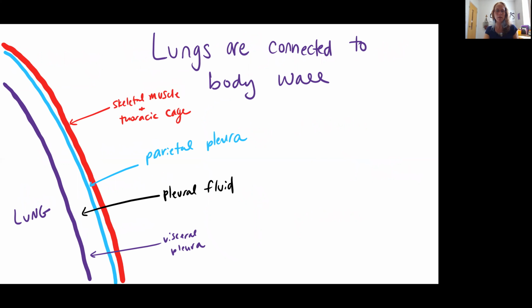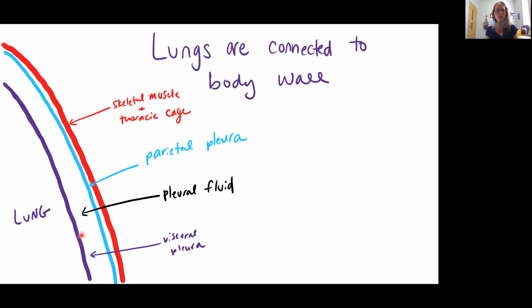So you should be talking about this as part of your lab work, or you will be very soon if you haven't. Now we have a pleural cavity that's housing our lung. And so we know that we're going to have a visceral pleura, which is going to be up against the wall of the lung. So viscera, remember, is talking about our guts.